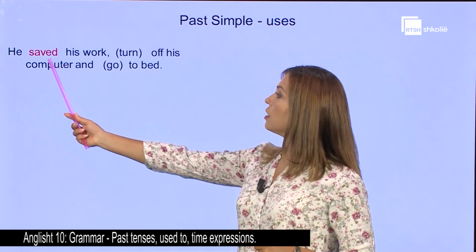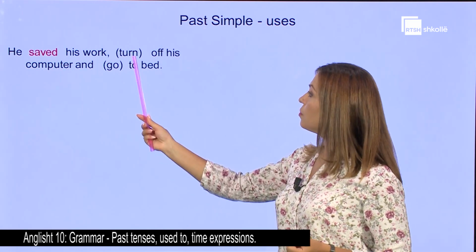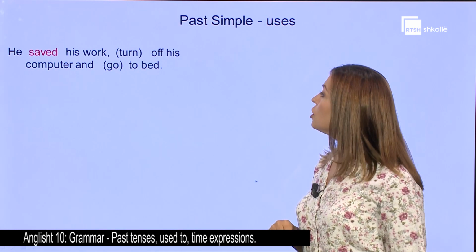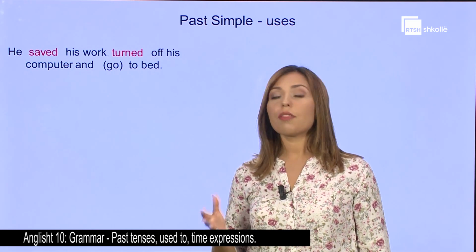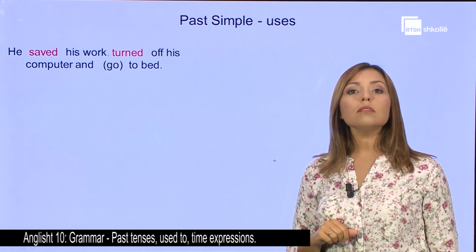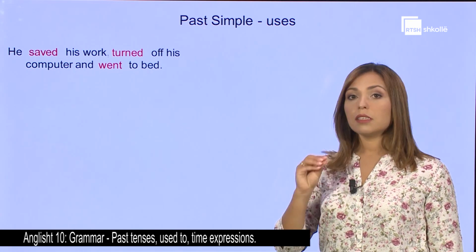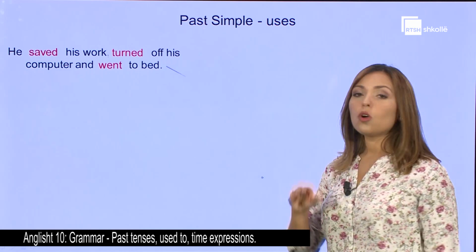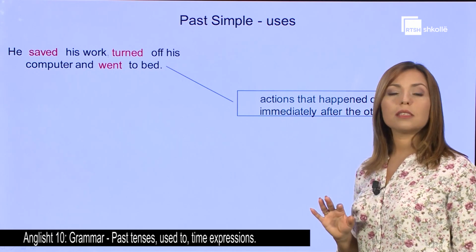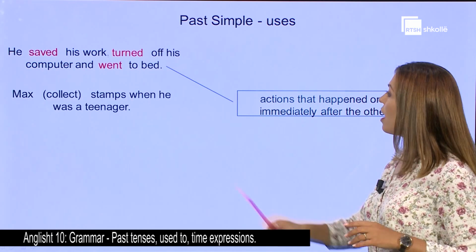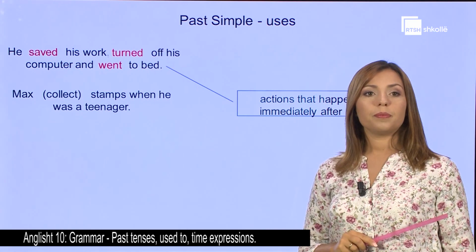He saved, ed, it is regular, his work, put it in the past, turned off his computer and then went to bed. So what do we have here? We have some actions that happened one after the other. So one of the uses of the past simple is that we have actions that happen one after the other.